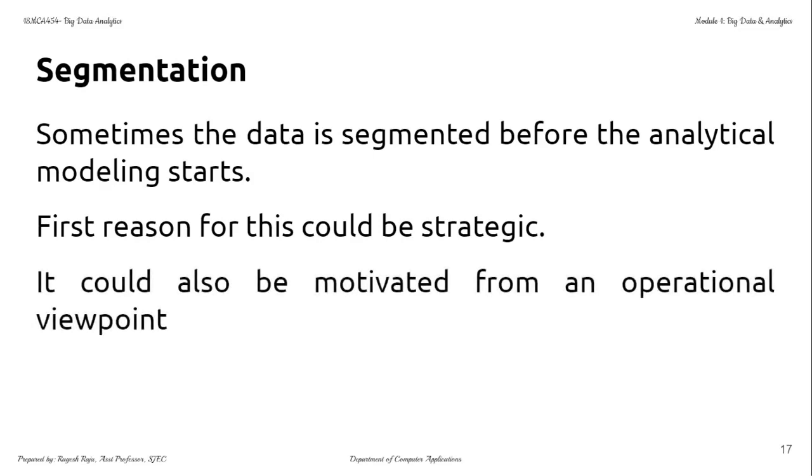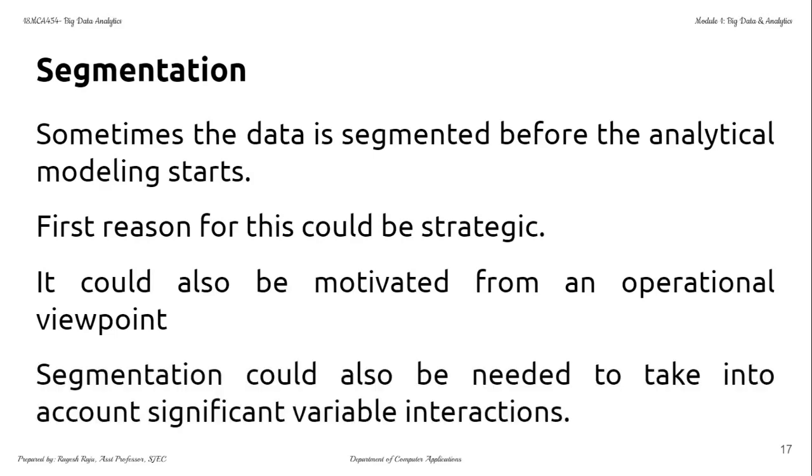If you take the same example of banking, there may be new customers who might join in. For the new customers, there may be separate models which the bank uses, or separate segments or particular campaigns which the bank uses. Segmentation could also be needed to take into account significant variable interactions. In this case, there may be one particular variable that strongly interacts with other variables.